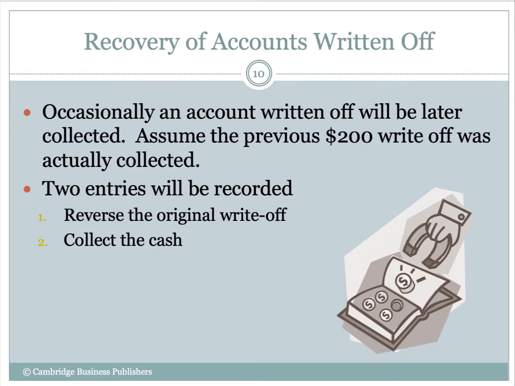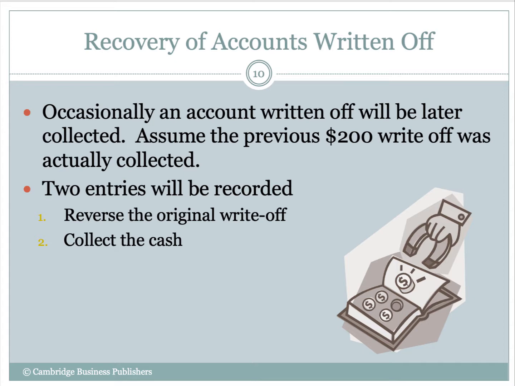Now, there may be a time when an account that we previously wrote off says, oh, hey, I owe you some money. It's been years, but here's the money I owe you. That could happen. So on occasion an account that has already been written off might be collected later.